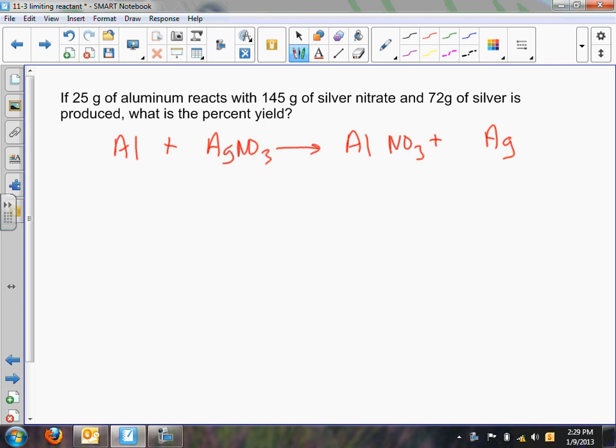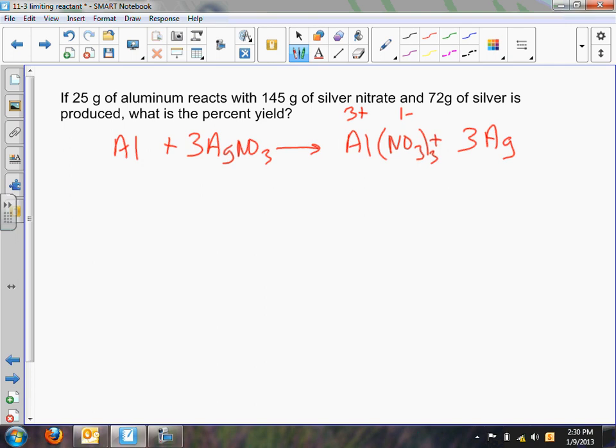Silver is not diatomic, so it's simply Ag. Aluminum is 3 plus, nitrate 1 minus, so it should be Al(NO3)3. To balance this equation, it looks like I need a 3 in front of the silver nitrate and then a 3 in front of the silver.